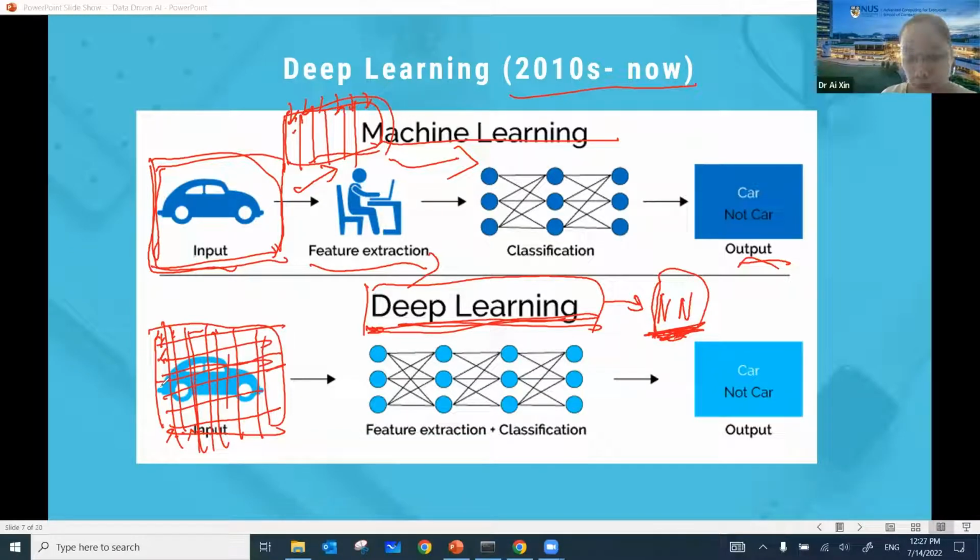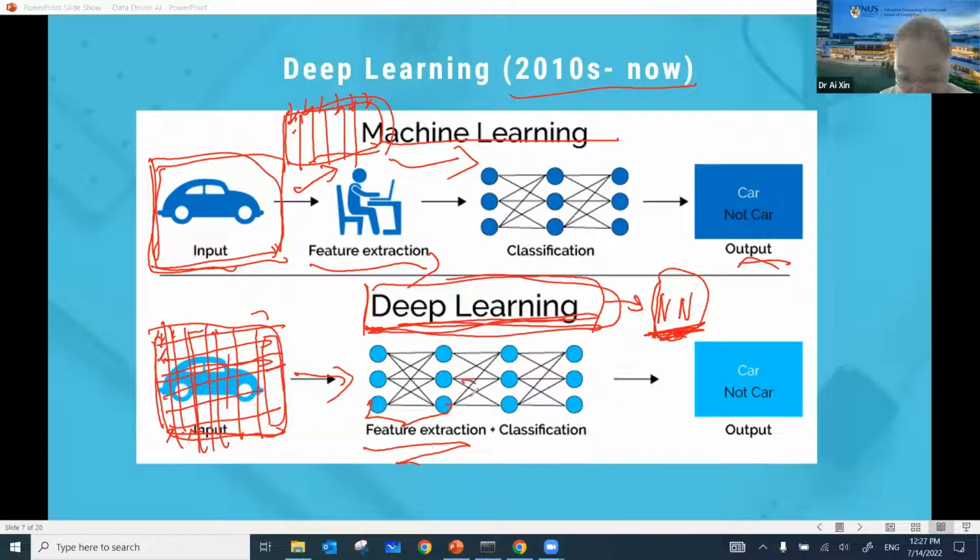So a deep learning or neural network model will not try to extract useful features from this image beforehand, because human beings may not know what the relevant features are to make the classification. So they feed the whole picture into the neural network model. In the first few layers, the neural network model tries to extract some useful features.